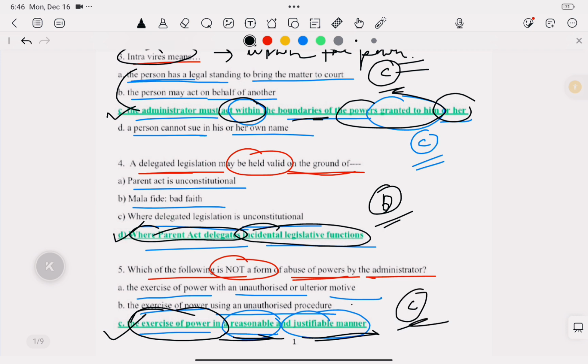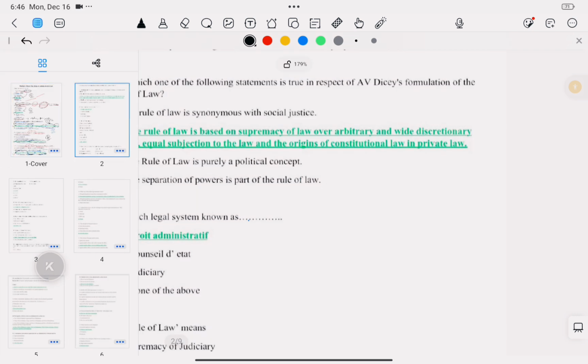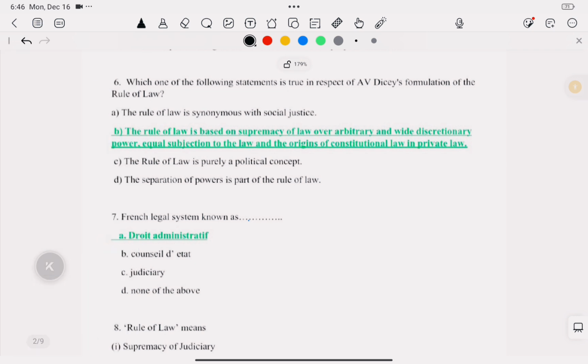Okay, so now moving to the next question. Which of the following statements is true in respect of Dicey's formulation of the rule of law?